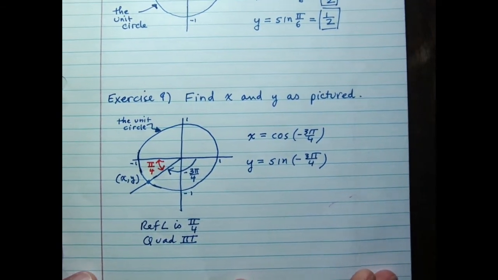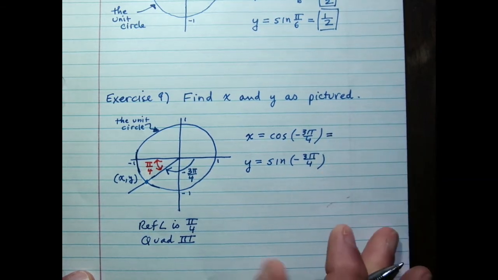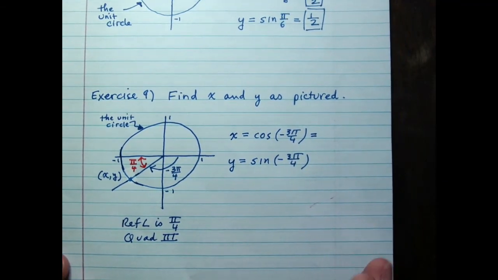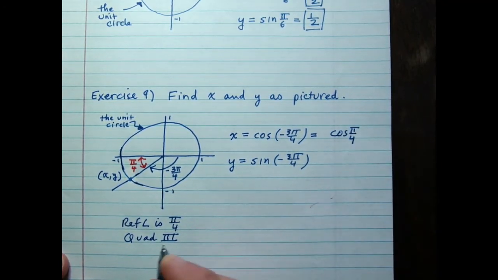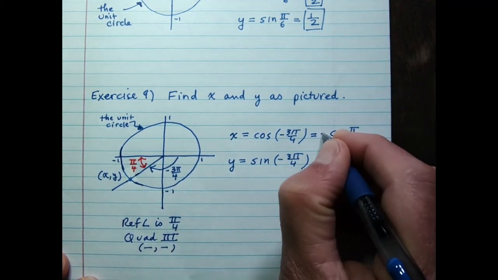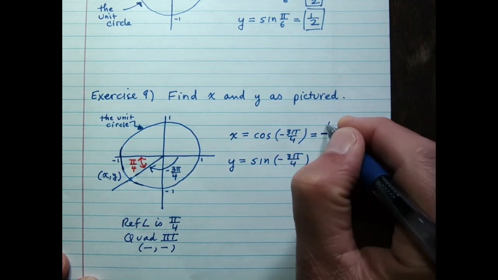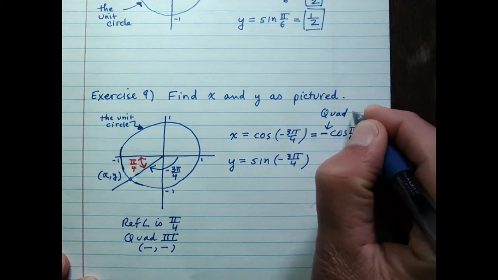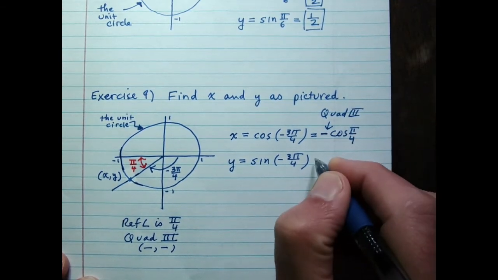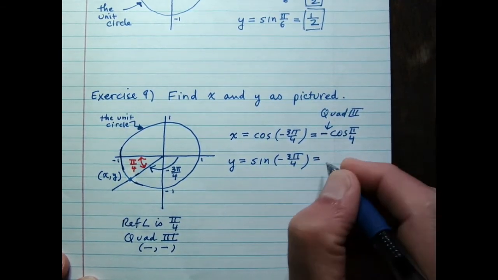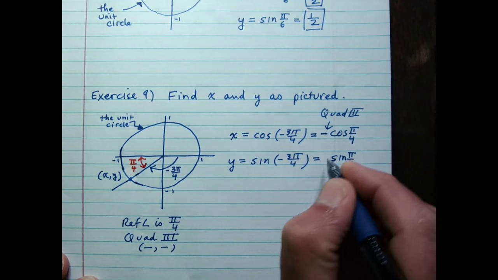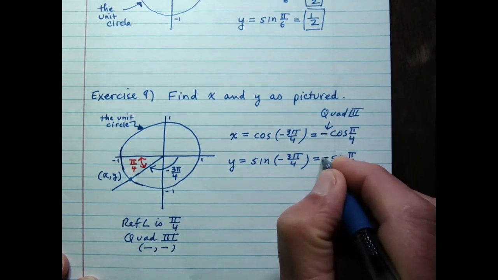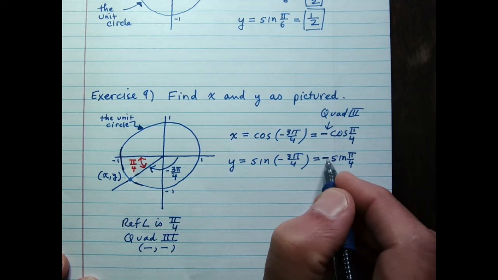Let's see what we can say here. Cosine of negative 3 pi over 4 is going to be related to cosine of pi over 4, the reference angle. Since we're in quadrant 3, where both coordinates are negative, we know we've got to take minus cosine of pi over 4. And for sine, it's going to be the same, because we're working from sine of pi over 4, but the y coordinates are negative, so I have to take minus sine.